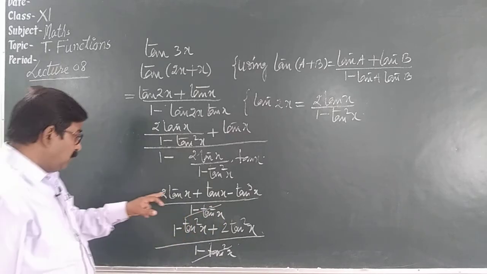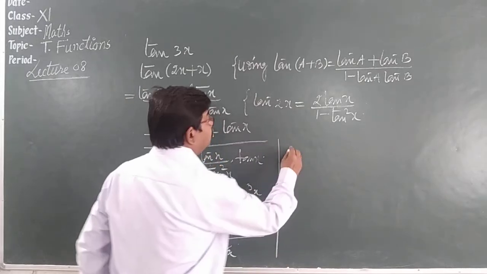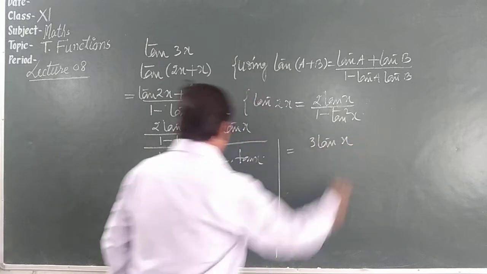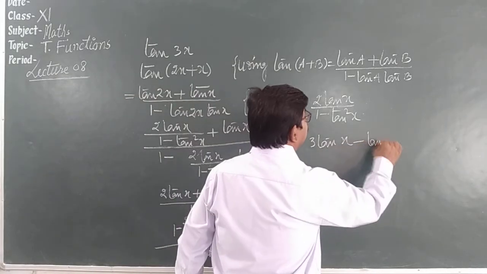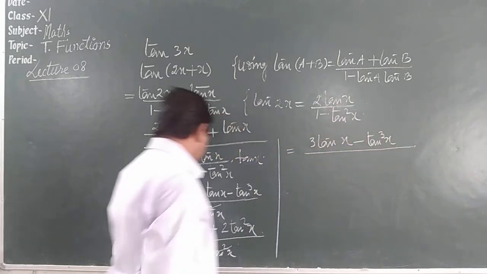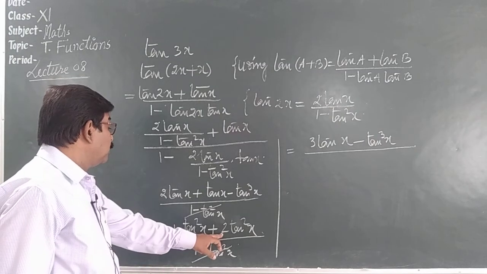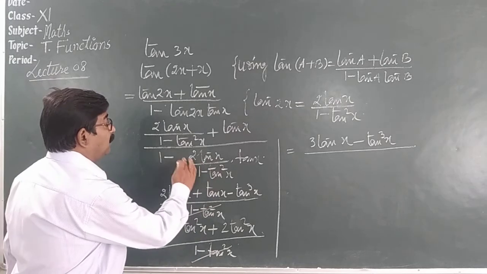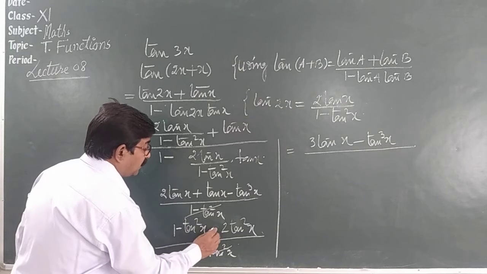See what we have, 2 tan x plus 1 tan x. What we have, 3 tan x minus tan cube x upon, here what we have, 2 tan square x. It will be minus sign. This one minus 2 tan square x.